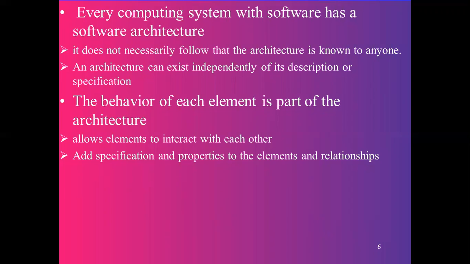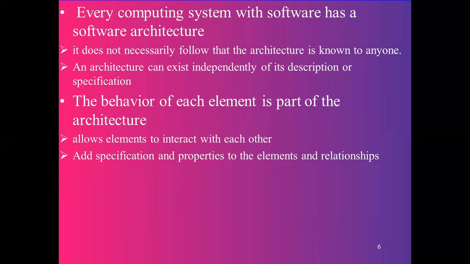Next, the behavior of each element is a part of architecture. Behavior of each element allows elements to interact with each other. Every element or module of the system can interact with the others by their specifications.